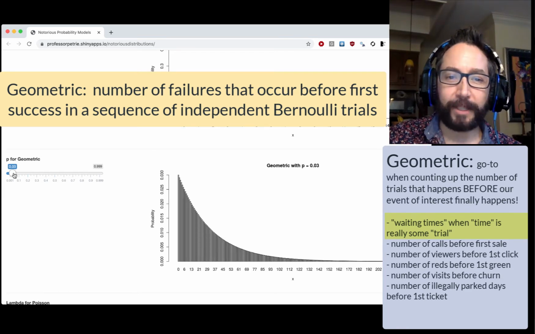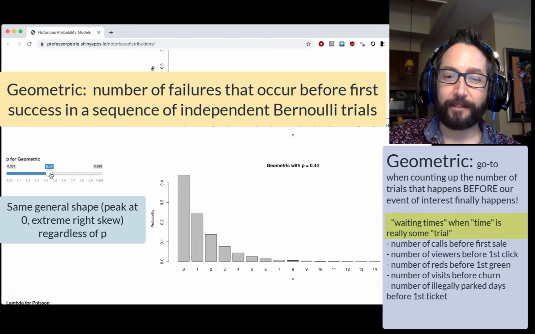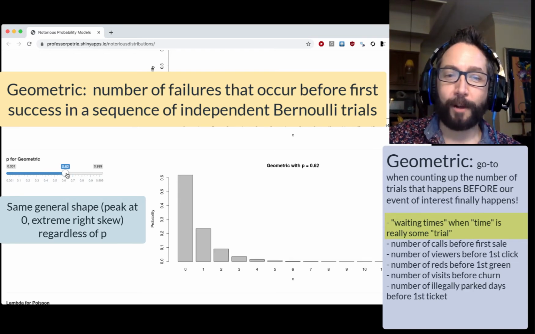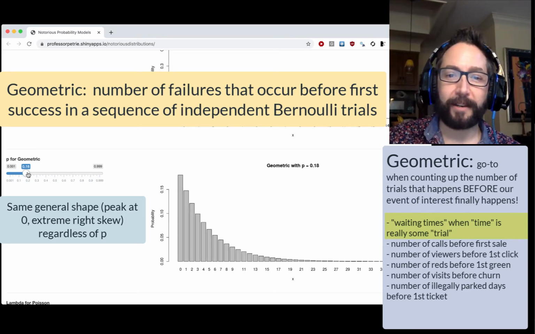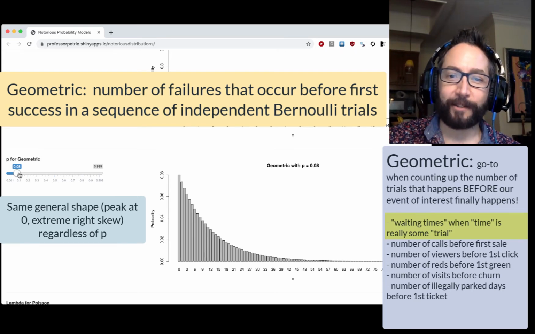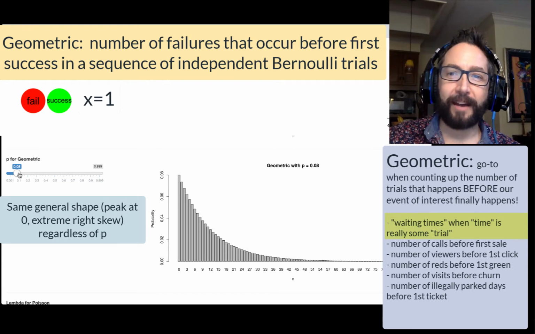So regardless of what the value of p is, this has the same shape. It just decays rather quickly. It gets smaller and smaller as we go up to larger and larger values of x. And the peak, the highest bar, is going to be at 0 regardless of the value of p here. And that makes sense. In order to have, say, an x equal to 1, 2 things have to happen. I have to have 1 failure followed by 1 success.